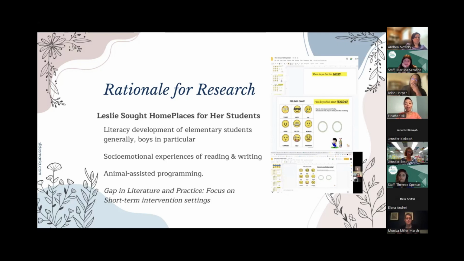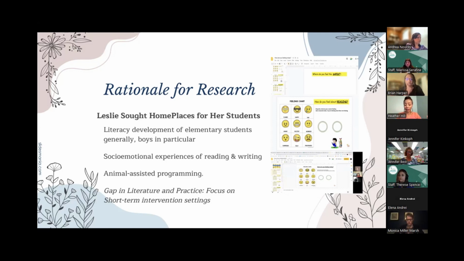What we found in looking for research is that although there are studies that indicate the benefits of animal assisted programming, particularly for increasing reading skills and creating spaces where kids' well-being is considered, most of those studies are not done in classroom settings.